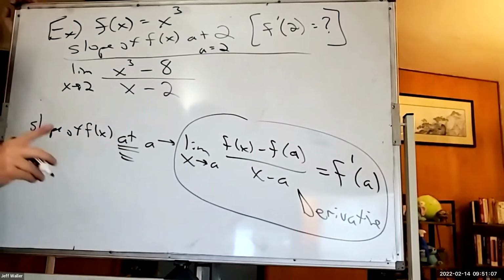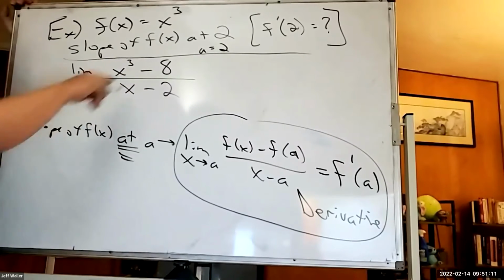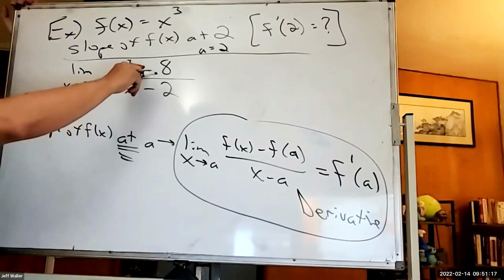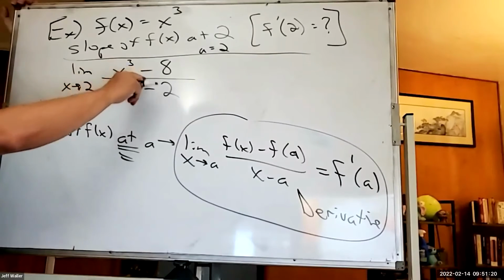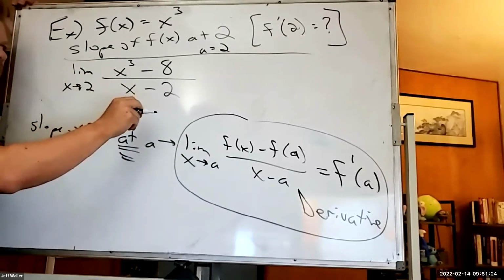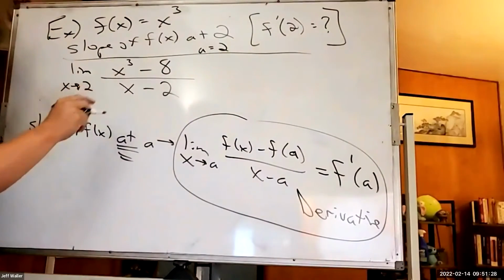Now, does everybody agree that this is in indeterminate form? What form is this in when I put a 2 in? It's 0 on numerator and denominator. 0 over 0. So what can we do to actually get this to work?